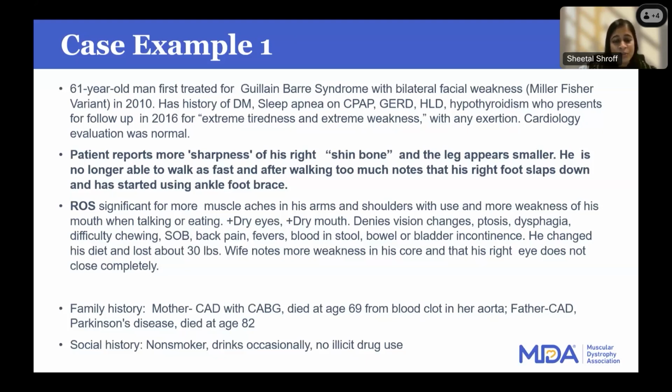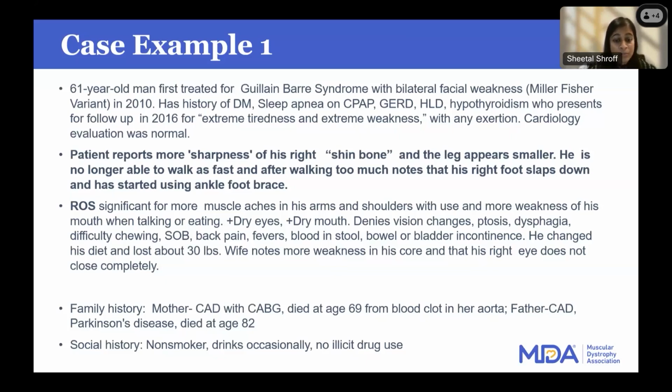And then his right foot slaps, and he started to use a brace. So I'm thinking, okay, there is muscle atrophy, maybe foot drop, and that's why he's using a brace to walk. And then muscle ache with more use, so he's tiring out.